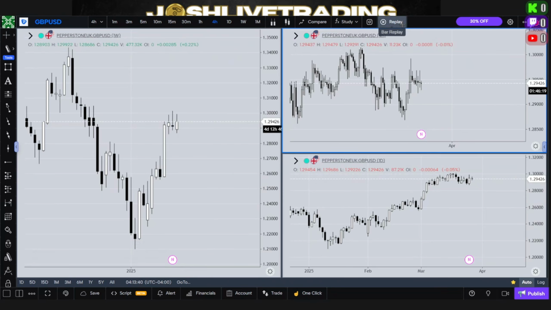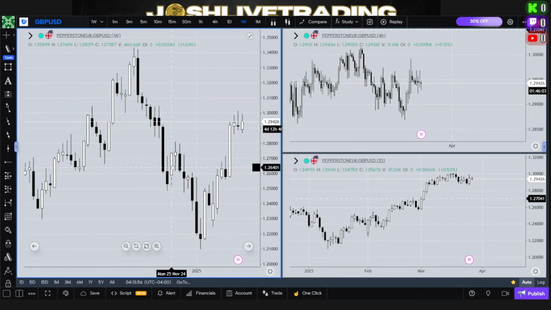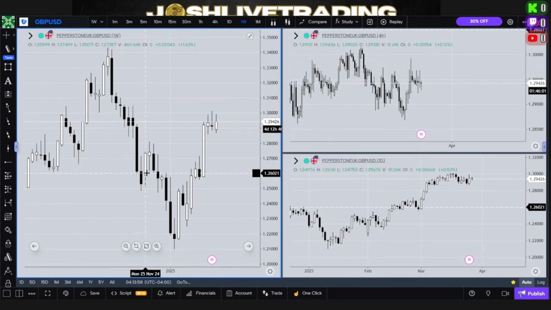You can also use the replay mode on every time frame, but you can switch, and it has a maximum of candles. Let's say it's 30,000 candles, right? You can get 30,000 candles on this set of data, but on the 5 minute it's going to be six or seven times that. But it has a max, remember, so it can't go past a certain limit.